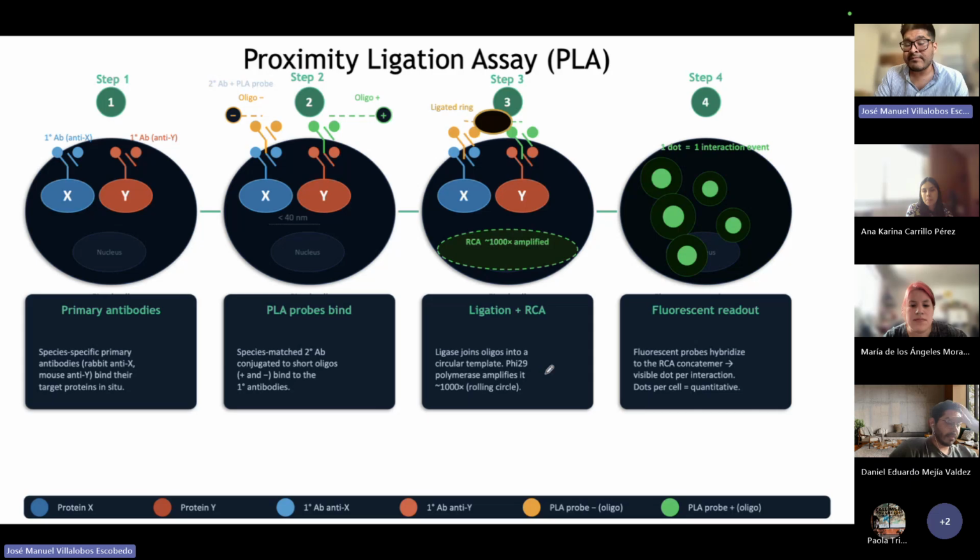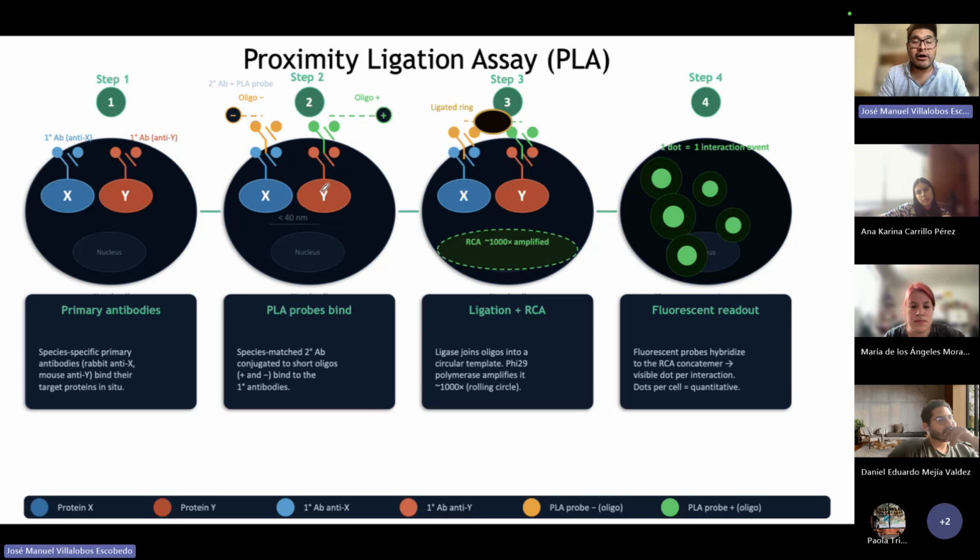Another kind of experiment that is very interesting for this is the proximity ligation assay, which is similar to two-hybrid, but this one is super important, for example, when we want to evaluate interaction between just two proteins that we know or want to know if they are close, working together.